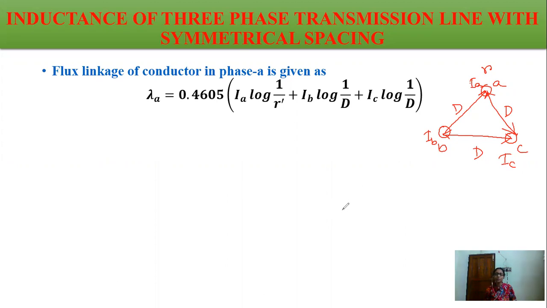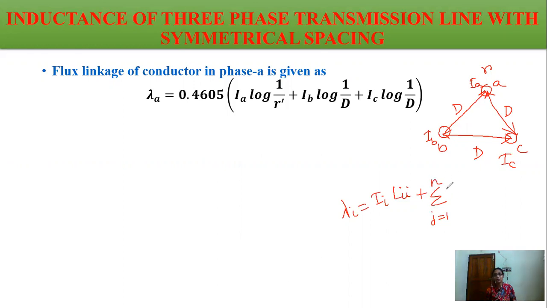Actually in the first session regarding the inductance of transmission line, we derived the generalized expression for the flux linkage of the ith conductor. It can be written as the summation of the self part, that is II into LII, where LII is the self inductance of the ith conductor, plus summation over j equals 1 to n.